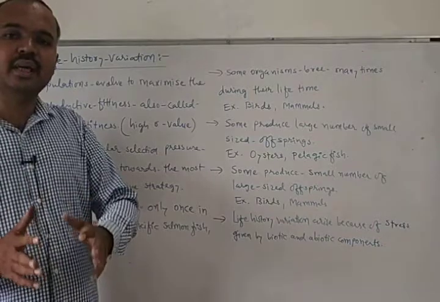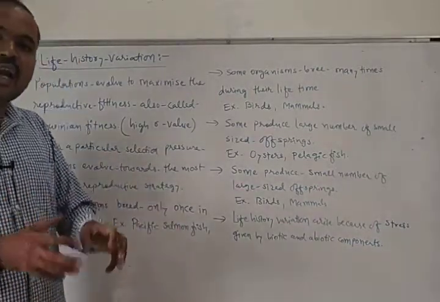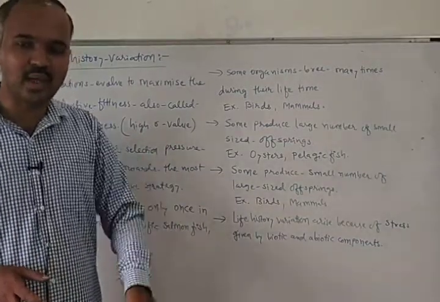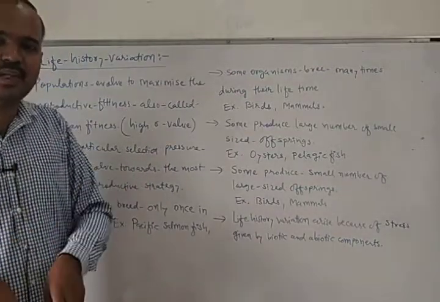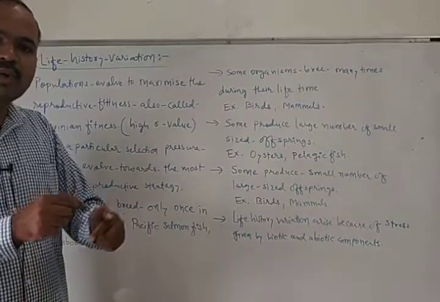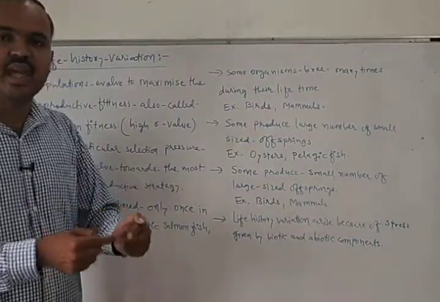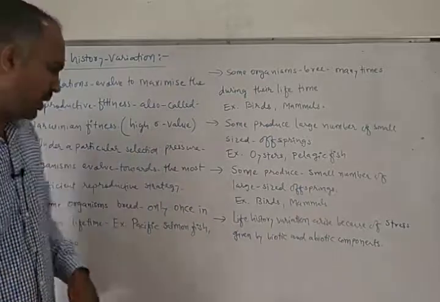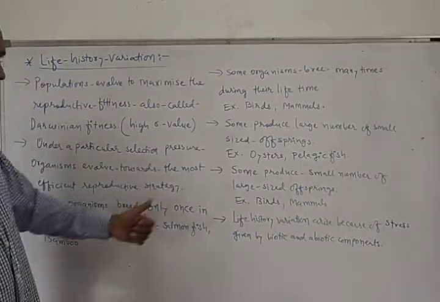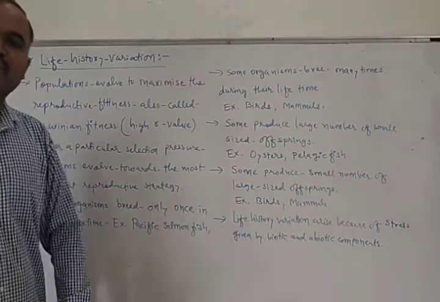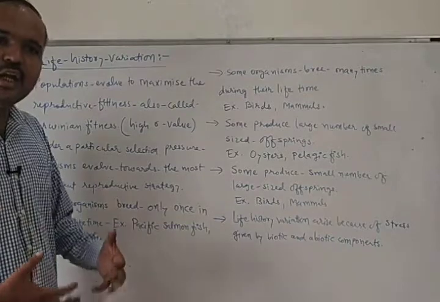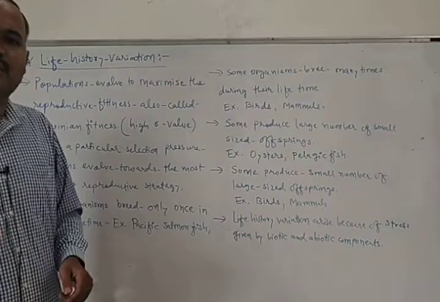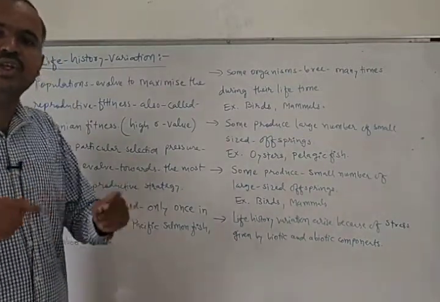When organisms live in a certain habitat, a certain kind of selection pressure is imposed on them by nature, and under the effect of this natural selection pressure they evolve the most efficient reproductive strategy.